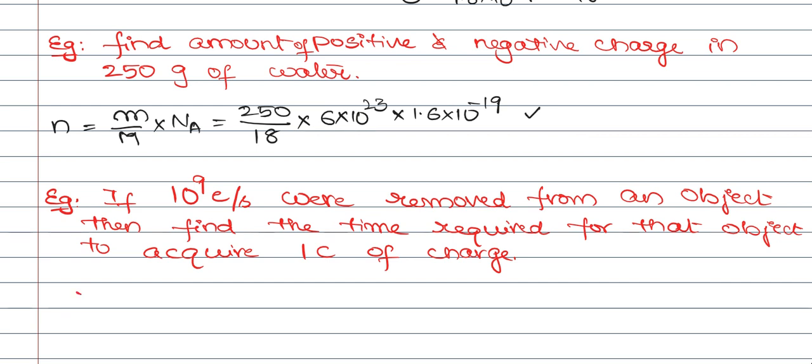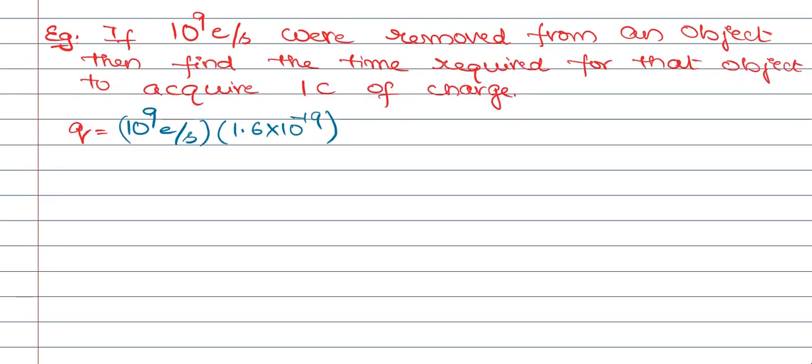The charge removed per second is 10 power of 9 electrons per second into the charge 1.6 into 10 to the power of minus 19. This means the amount of charge we are removing per second. As they are asking time, it is total charge acquired divided by the amount of charge removed per second. Total charge acquired is 1 coulomb, divided by 10 power of 9 into 1.6 into 10 to the power of minus 19.